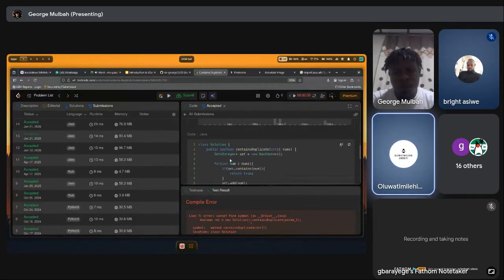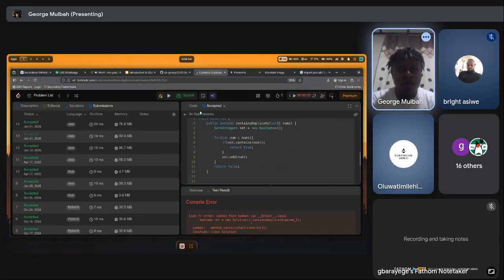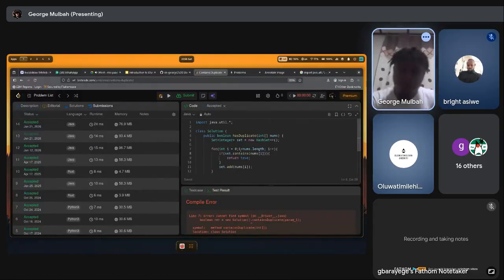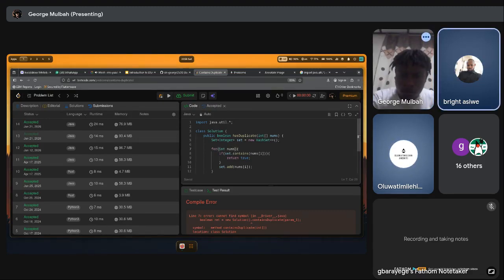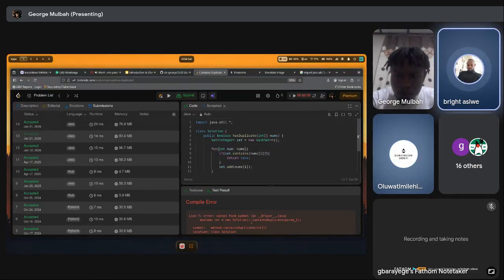Collection. But this is correct. Is it possible to just import set directly? Import java.util.Set.